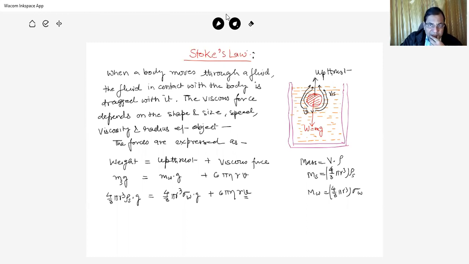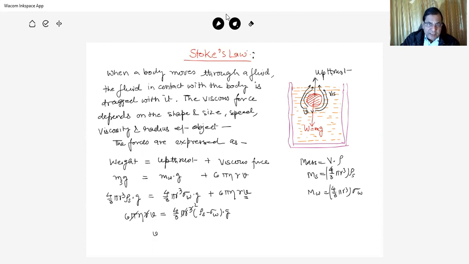So we can find the expression for v. 6 pi eta r v is equal to, transferring this, 4 by 3 pi r cube is common, so it is (rho s minus sigma w) into g. Pi is cancelled, r is cancelled, and here it is 2.